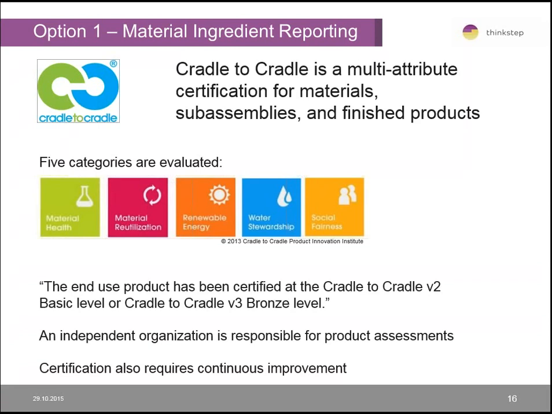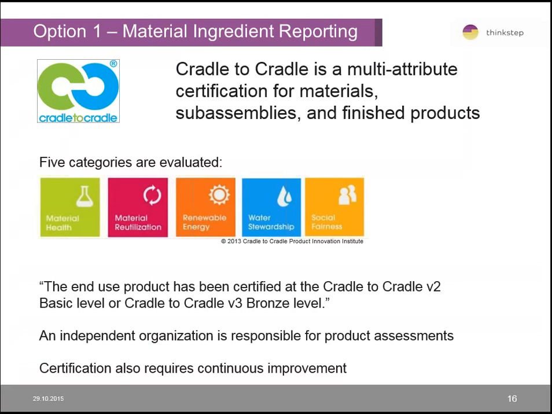The other piece with this external validation is that certification to Cradle requires a commitment to continuous improvement. So just because you get it once, you can't walk away. They're going to come back and check and validate that you're improving over time.